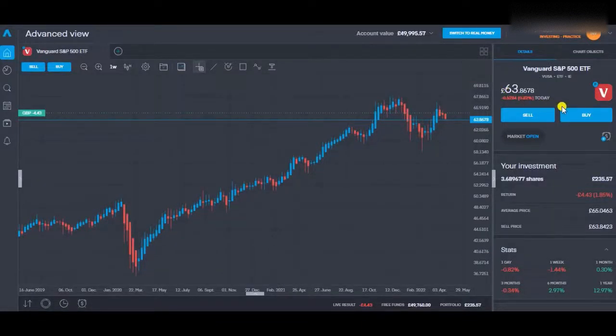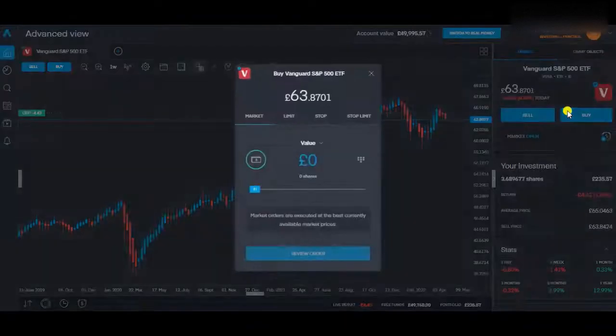We're going to make our third purchase of the Vanguard S&P 500 exchange traded fund. So £120 again each week.